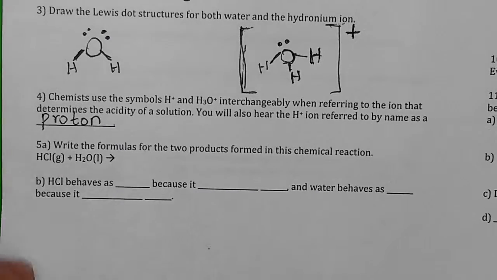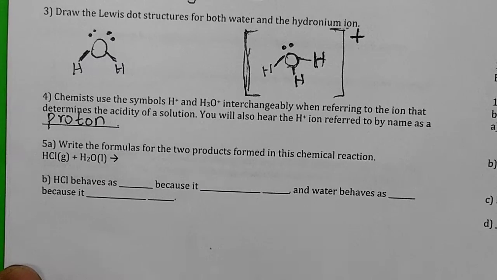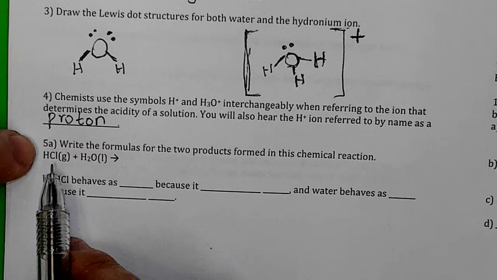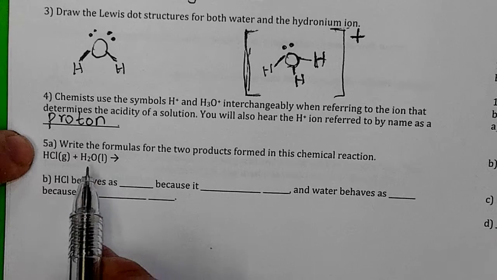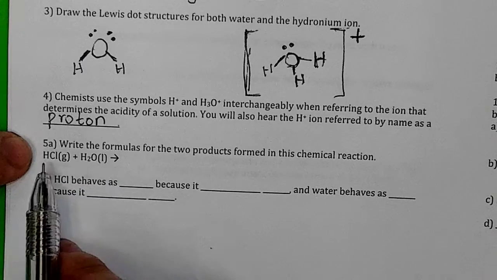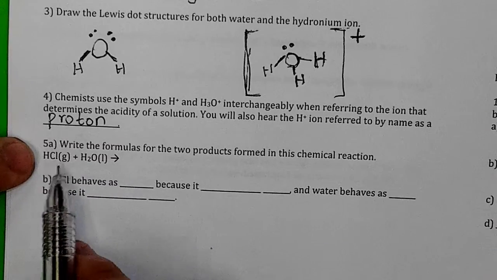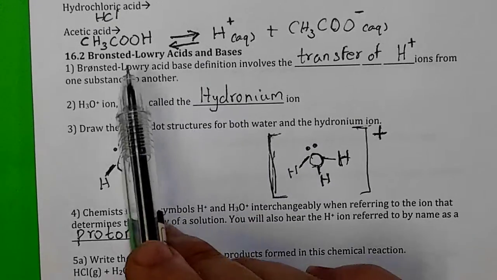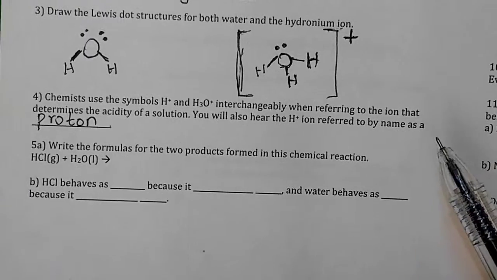Okay, let's talk about 5A. Write the formula for two products that form in this chemical reaction. So what is this going to form? HCl and H2O. We said HCl is an acid, and based on Bronsted-Lowry, it's going to remove H plus.